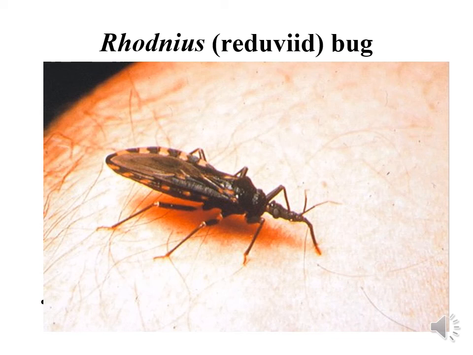So when they're taking blood, the injury is a little bit irritating, so they defecate, and the parasite is found in the feces of the bug, so it could be pushed into the small lesion left by the biting, or if it is near the eye, it can go in the eye, causing glaucoma. And of course, from there, they can migrate to invade other organs, causing megaesophagus or megacolon and heart problems as well.